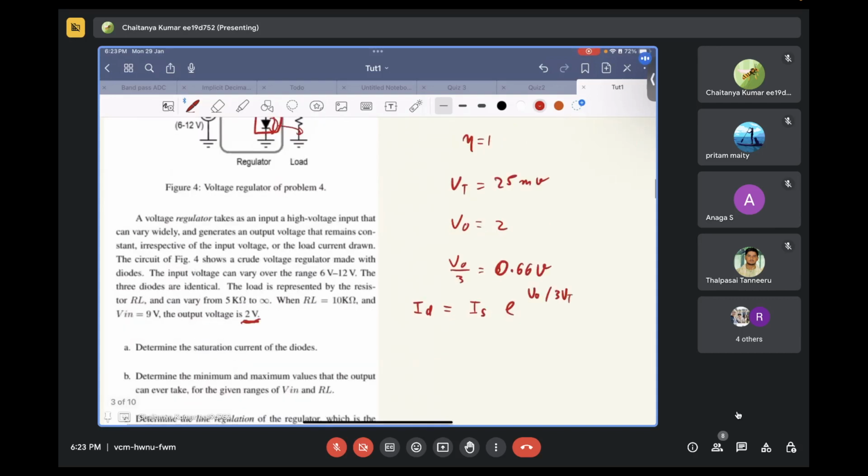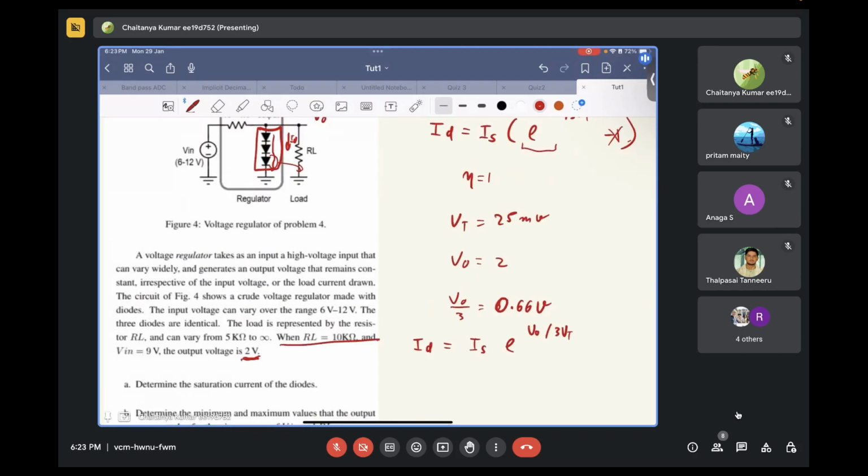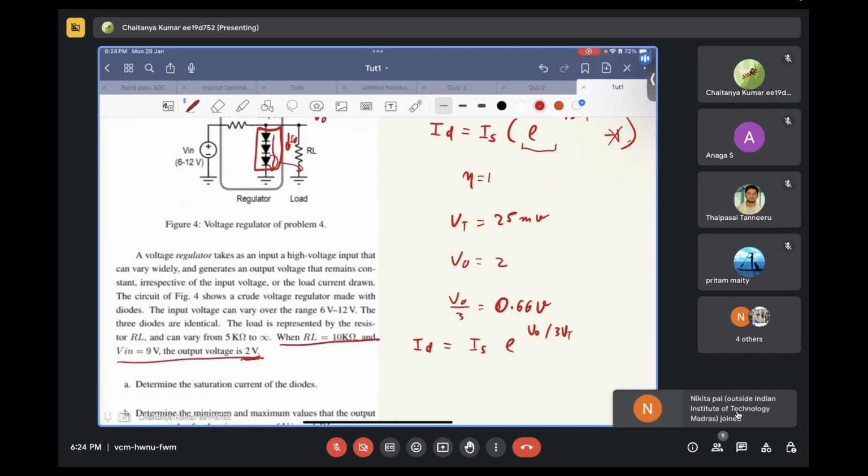This is it. Now, based on this expression, when RL is equal to 10 kilo ohms and Vin is 9 volts, the output voltage is 2 volts. So depending on this information, what can you plug into this equation?